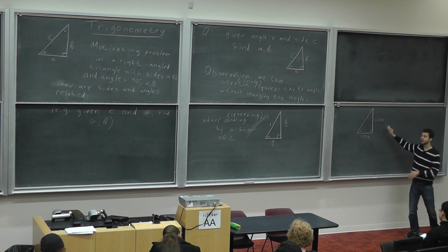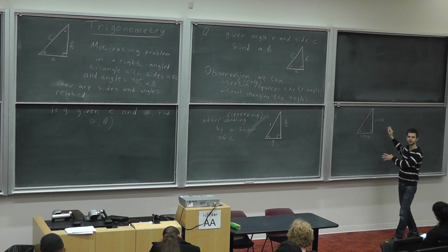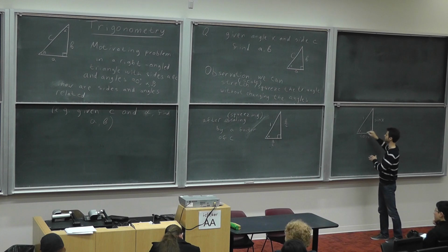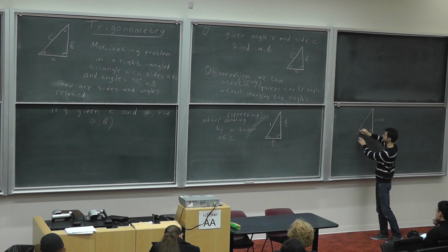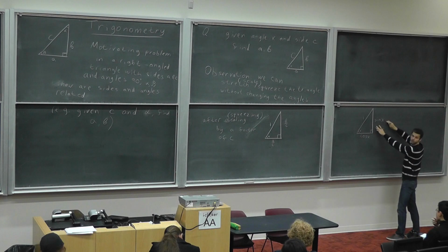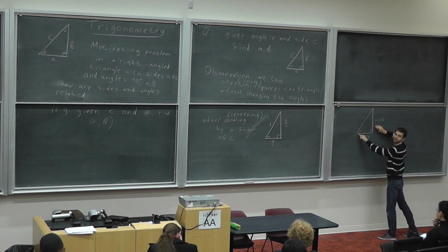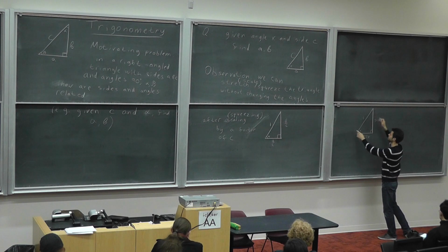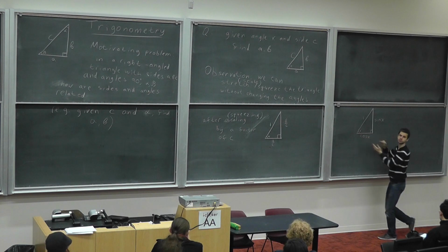And that's exactly the definition of sine and cosine. So sine of x, here's the definition. In a right triangle with hypotenuse equal to 1 and the angle x, that's the length of the side opposite to the angle. Similarly, cosine is the length of the side in this triangle which is adjacent to the angle.